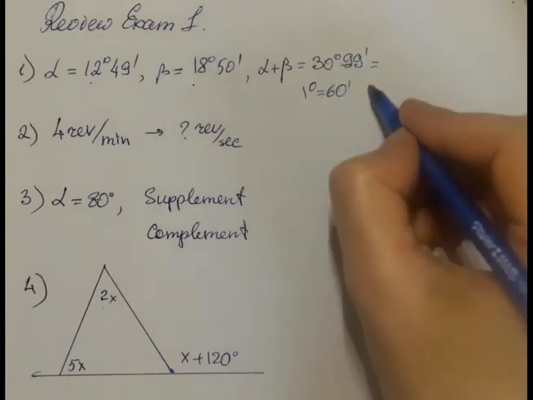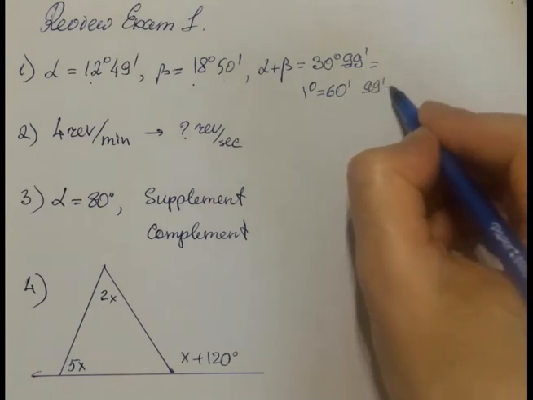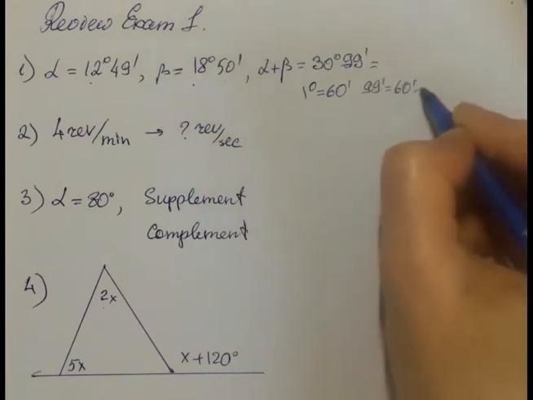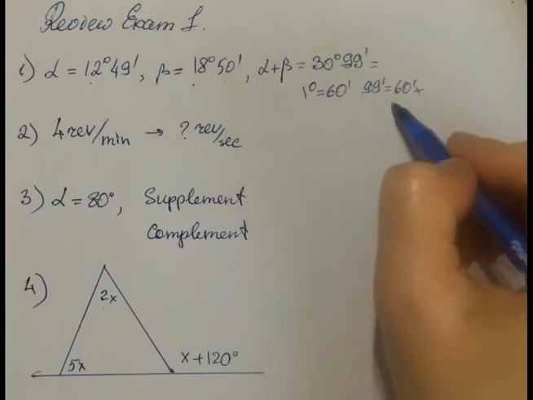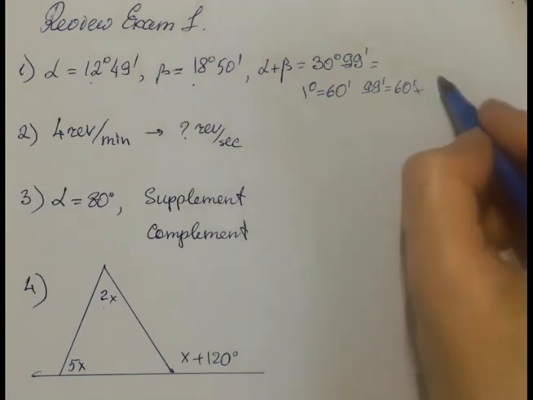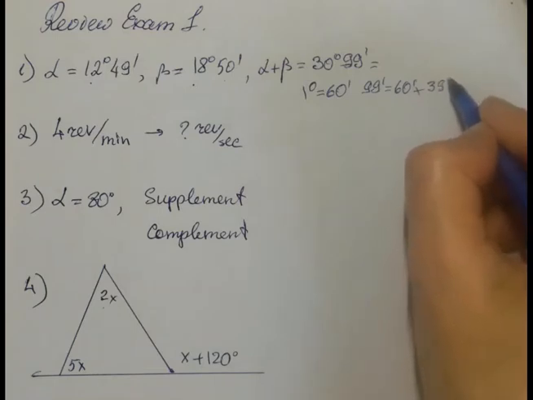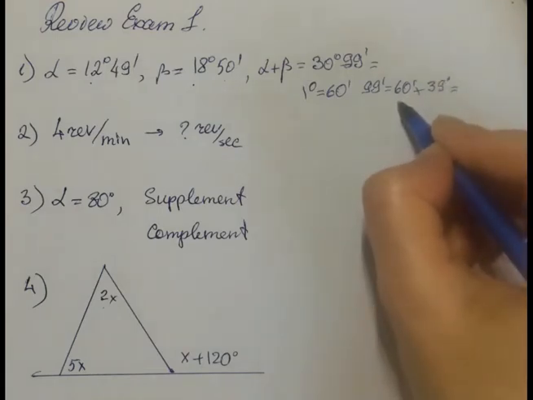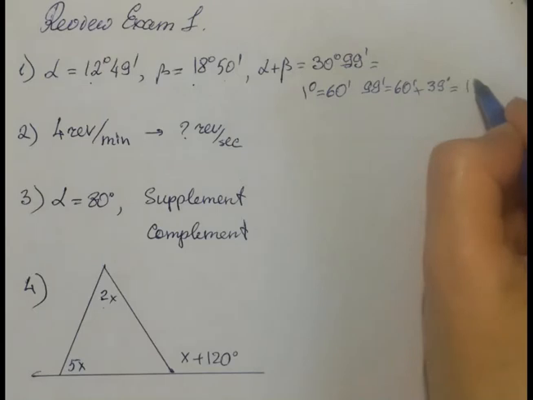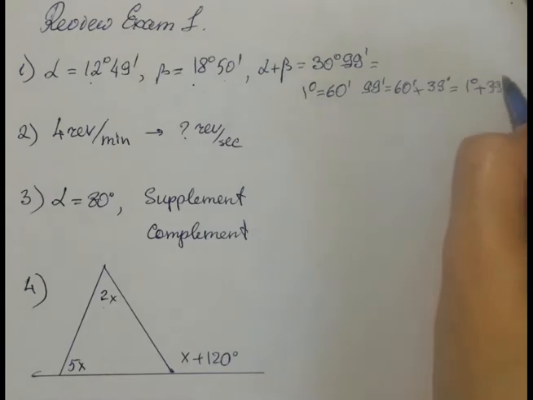So we must represent 99 as 60 plus 39, since 99 minus 60 is 39. 60 minutes is the same as 1 degree, so 1 degree plus 39 minutes.